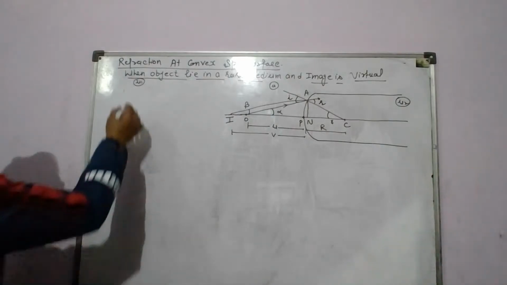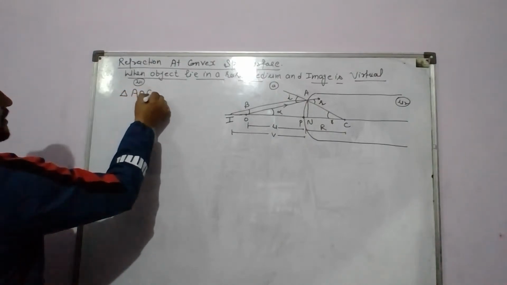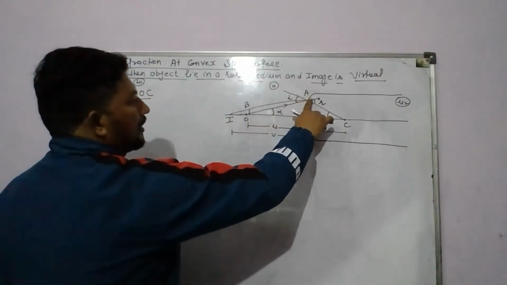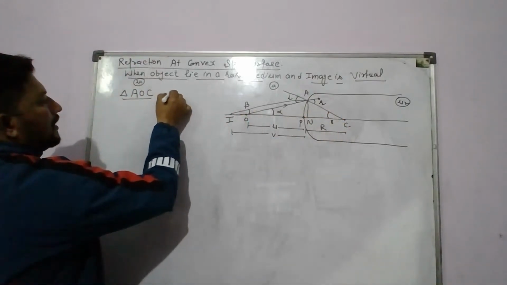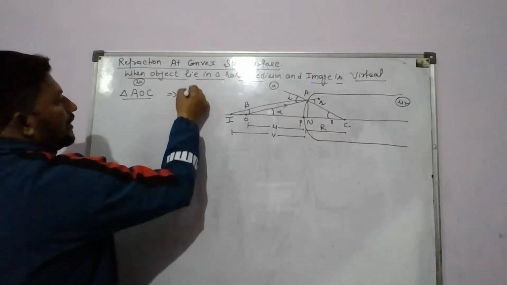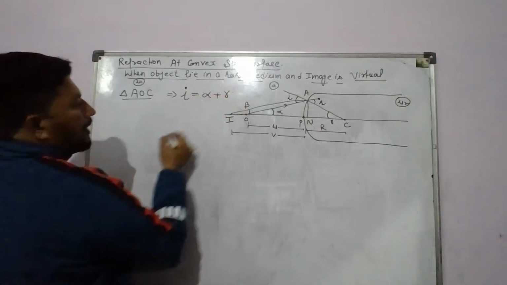So again taking the triangle AOC, it means i is equal to alpha plus gamma.